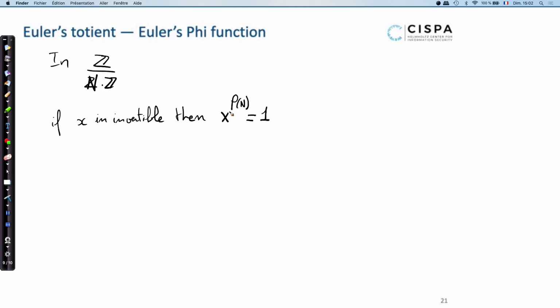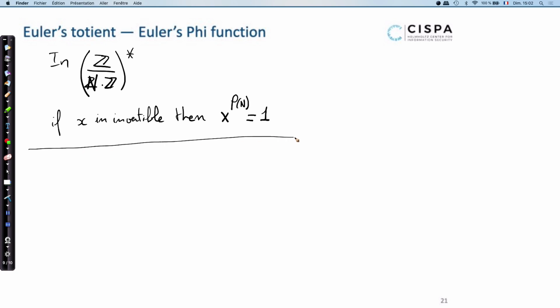Because remember, the order of x is the smallest exponent which makes this power into 1. And since the order of the element divides the order of the group, which is Zn star we saw before, it must divide the cardinality, which means that x to the power of the cardinality must be 1. And this is very important.